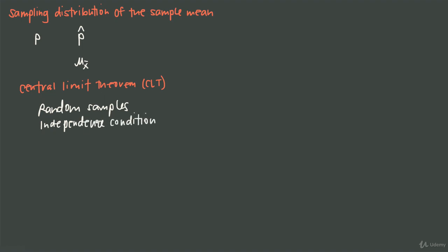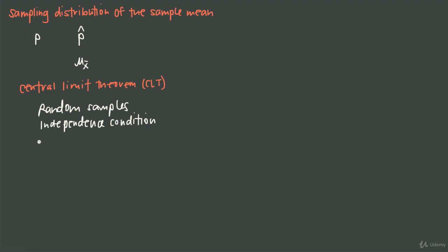And again, we'll meet the independence condition if we're sampling with replacement. If we're sampling without replacement, then we just have to make sure that our sample size stays under 10% of the population. If we stay under that 10%, then our samples are small enough that it approximates independence. But either way, one way or the other, we have to meet that independence condition.